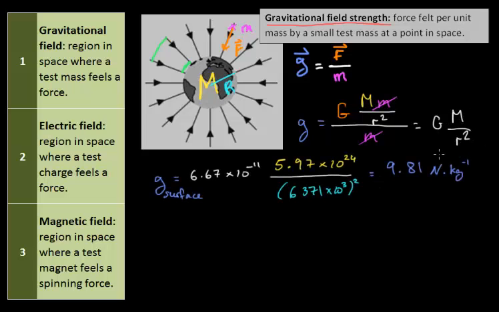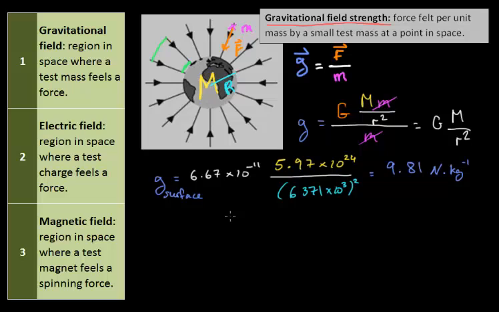And we can use this formula to verify that the gravitational field at the surface of the Earth, the strength of that field, is indeed 9.81 newtons per kilogram by plugging in the data. Okay, the gravitational constant, 6.67 times 10^-11, times the mass of the Earth, divided by the square of the radius of the Earth, okay, about 6,370 kilometers.